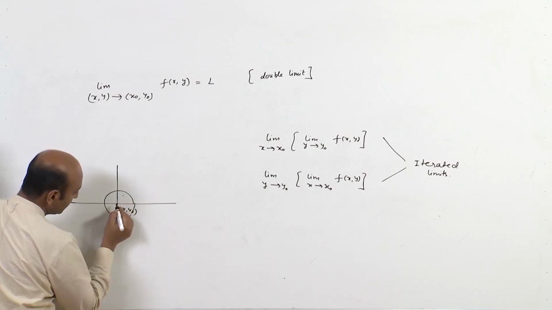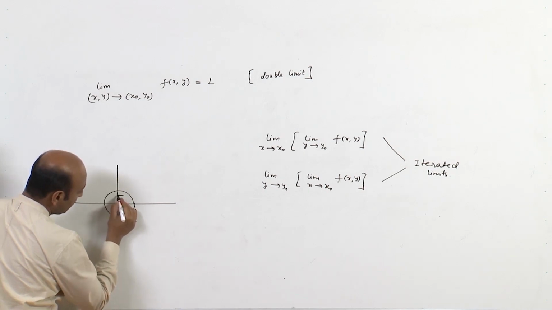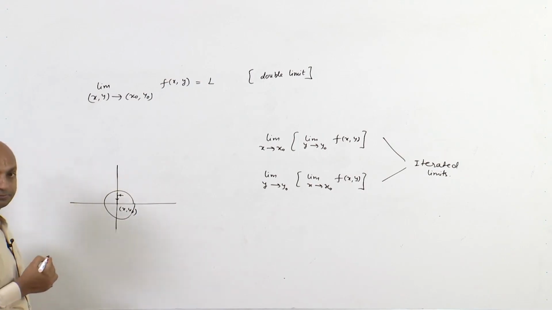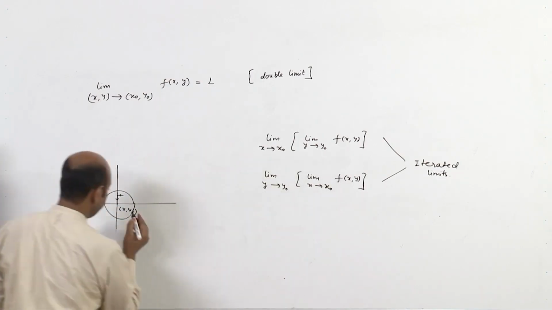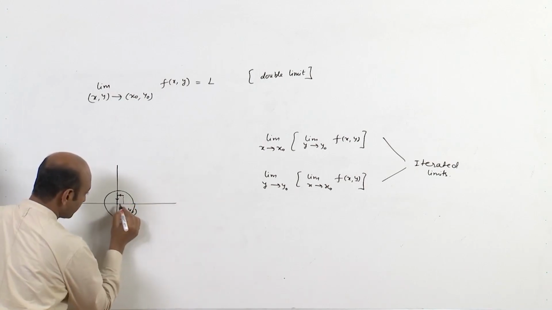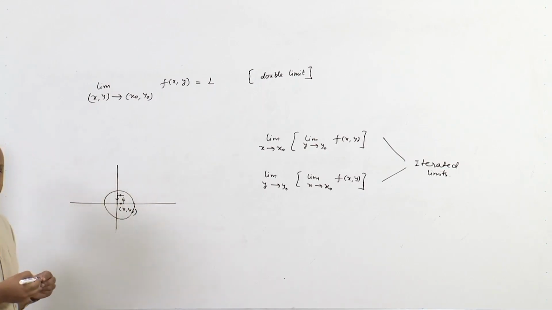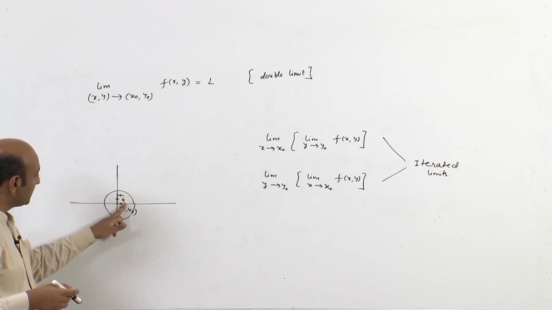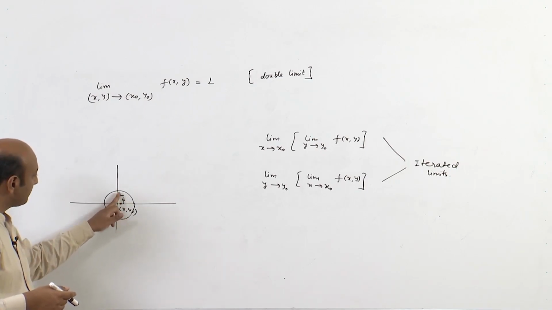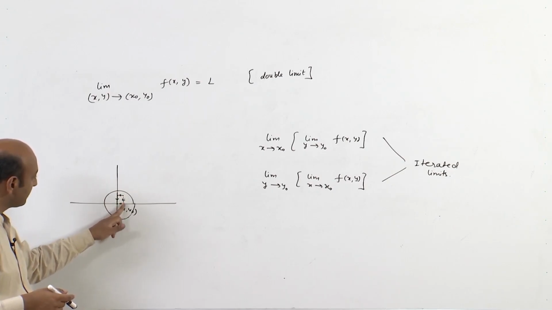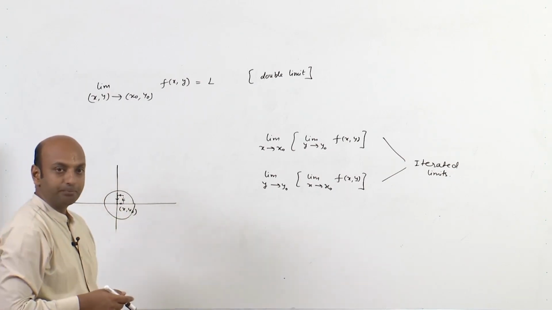Here, in the other order, first x tends to x naught and then y tends to y naught, so we come to this point. So these are basically two different paths. One path is this, another path is this.